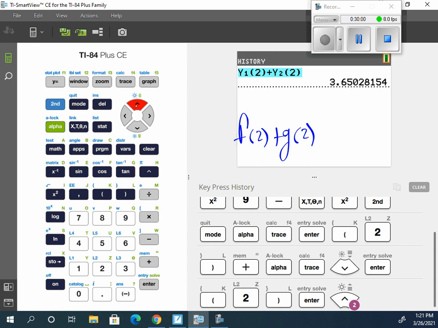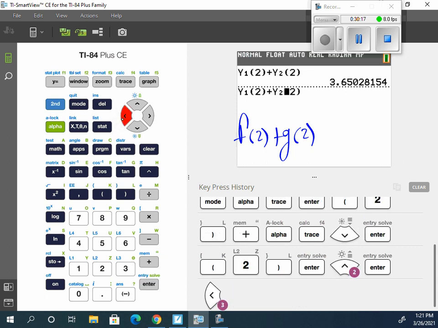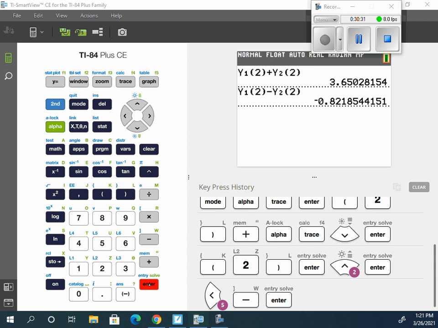Now, finding f minus g of x when x is 2 is actually a little bit easier than what we just did. If I go back up and select y sub 1 times 2 plus y sub 2, parentheses 2, I can bring it back down and scroll over and change the addition sign to minus, hit enter, does it again. Because once we type this in once, we can keep recalling it.